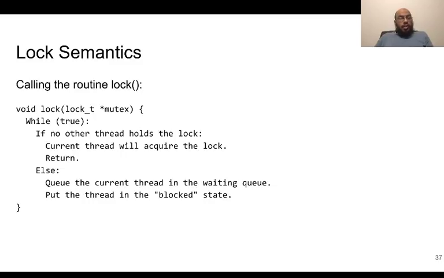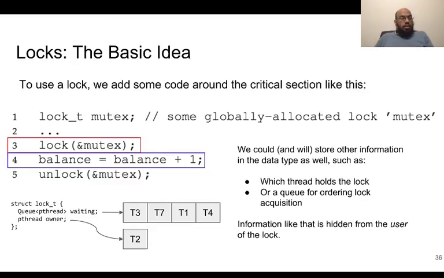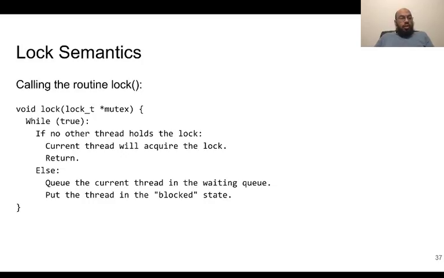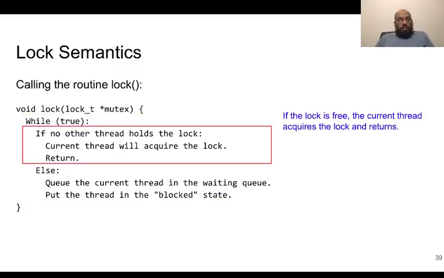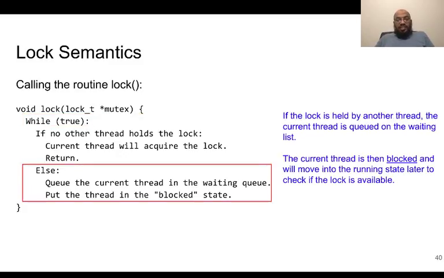And when the current thread acquires the lock, you need to change the lock data structure, like in struct lock_t, so that it points to the pthread owner, the owner. Otherwise, if the lock is not available, queue the current thread, the one that is trying to call the lock, in the waiting queue list, and put the thread in the blocked state. So we basically covered this without going through it.